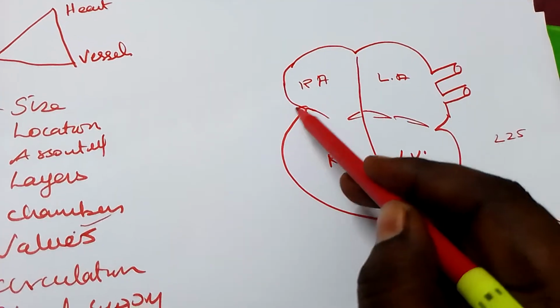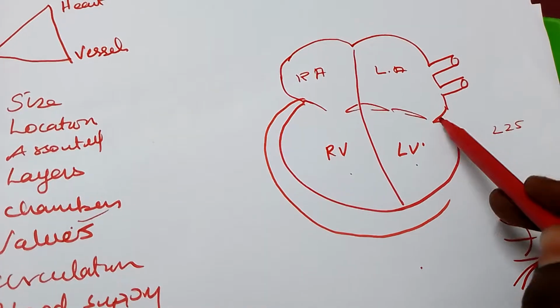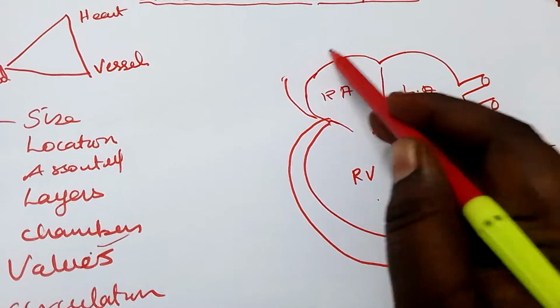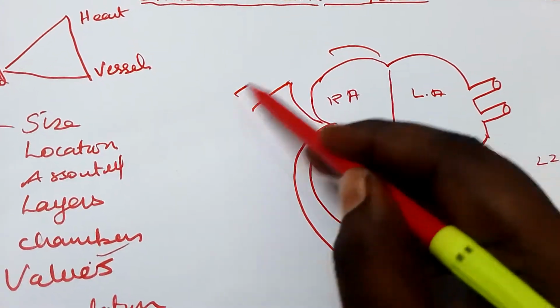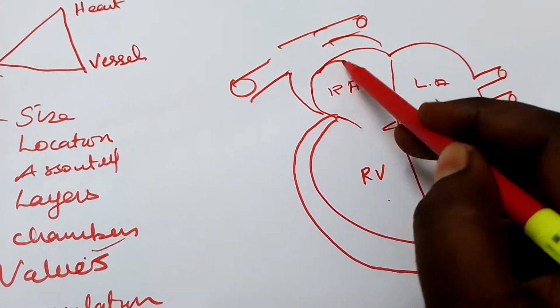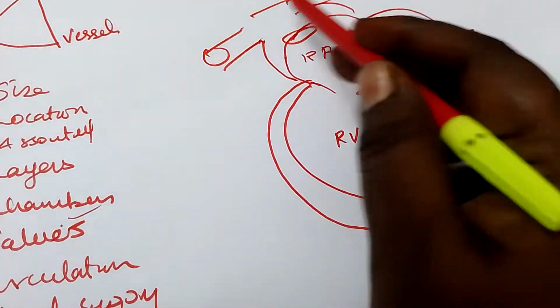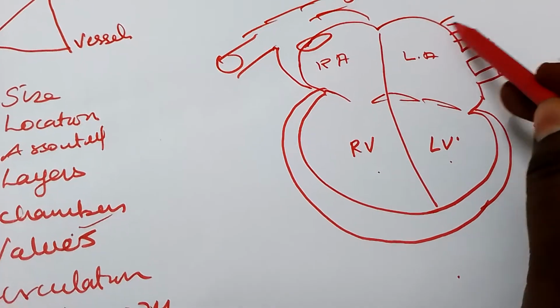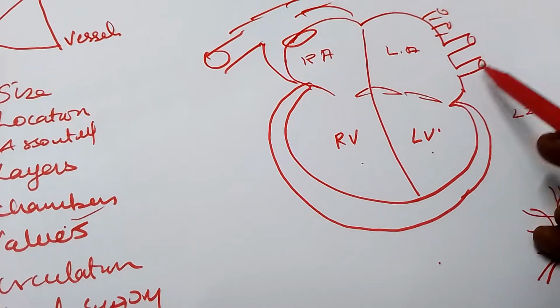The walls of the left ventricle are thicker than the right ventricle. Two vessels are present here, called the superior vena cava and the inferior vena cava. Here 4 vessels are present, so what are they? We will see.